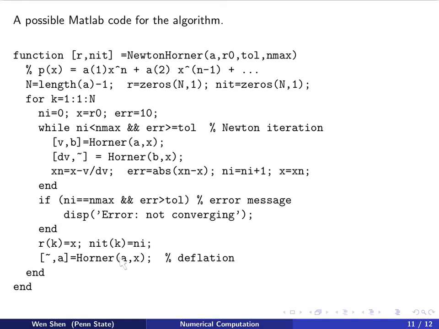So we carry out this deflation procedure. I know it should return a value 0 here, so that's not interesting and I just neglect that. I receive the coefficients, and I store them again in the vector a. Then I can repeat and go through the whole process again to find another root and deflate the polynomial one more time.